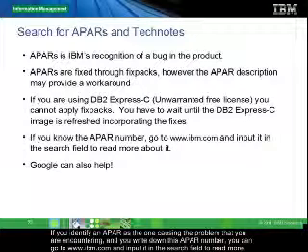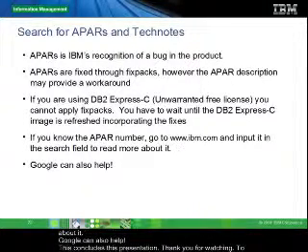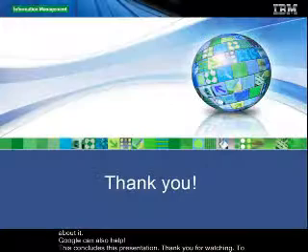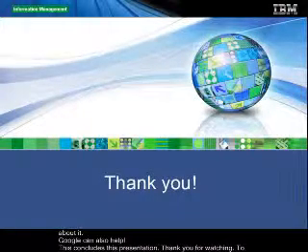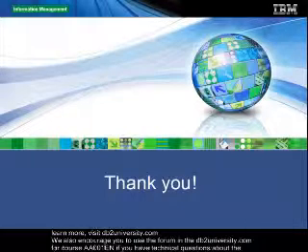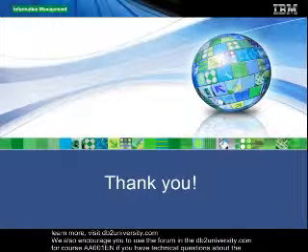If you identify an APAR as the one causing the problem that you are encountering and you write down this APAR number, you can go to www.ibm.com and input it in the search field to read more about it. Google can also help.